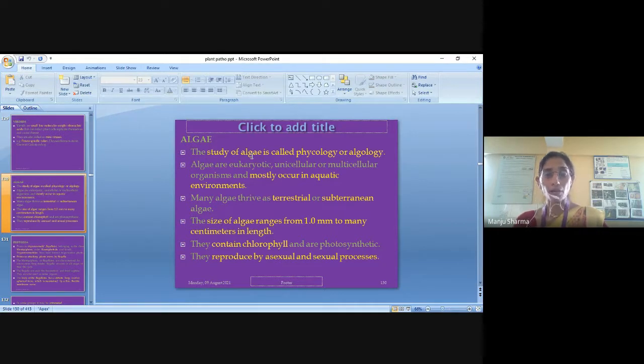Many algae thrive as terrestrial or subterrestrial algae. The size of algae ranges from 1 micrometer to many centimeters in length. They contain chlorophyll and are photosynthetic. They reproduce by asexual and sexual processes.